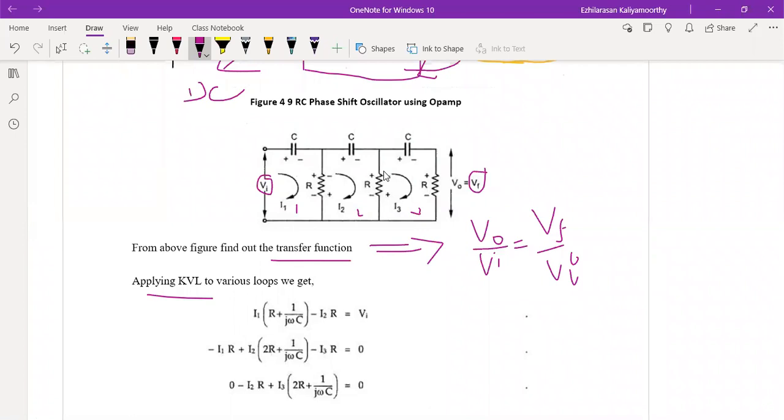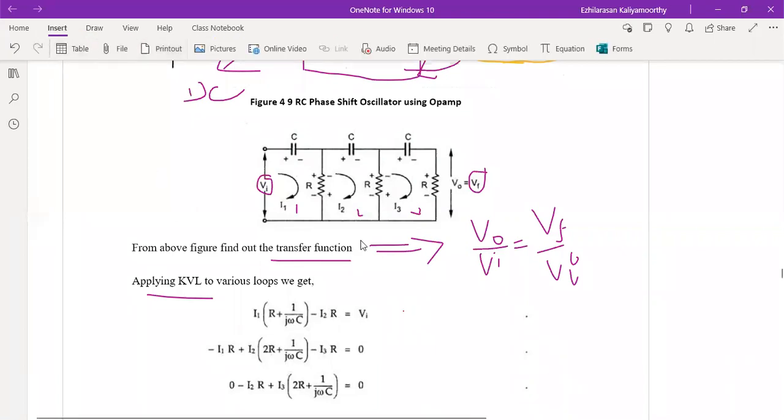First you put that, then it will be very easy for you to write. So now let us write the first equation.